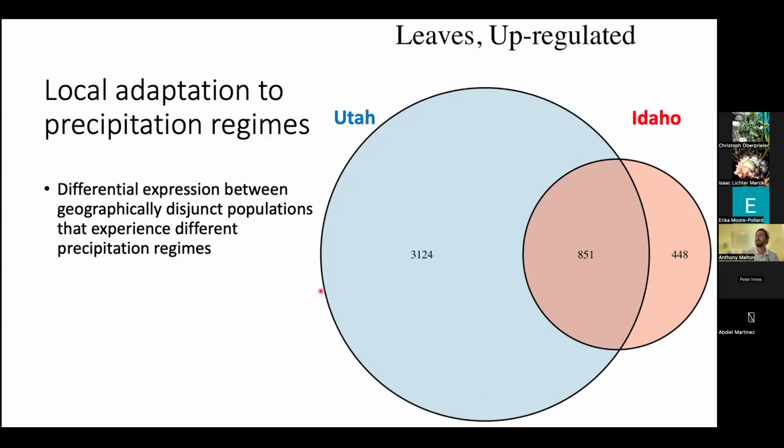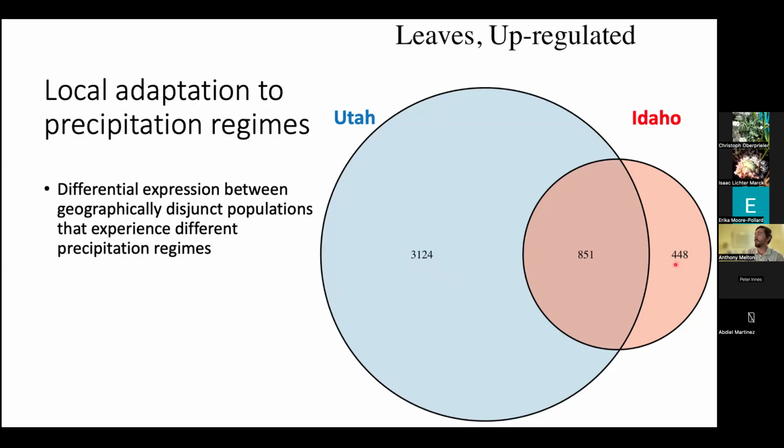So for Utah, there's a much, much higher rate of differential gene expression going from a well-watered control group to a drought stress group. And we do see some overlap within sets of genes that are getting up and down regulated. So this number, the 3,124 here, are for genes unique to Utah getting up and down regulated.